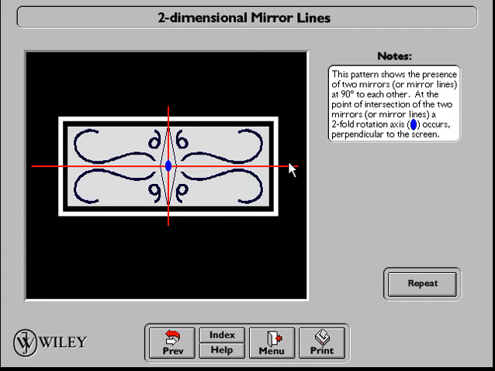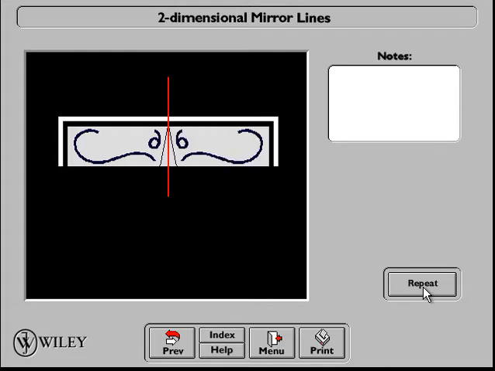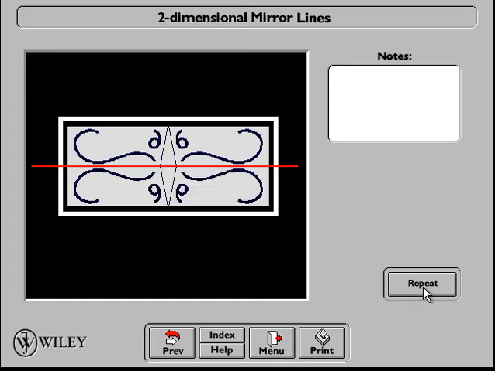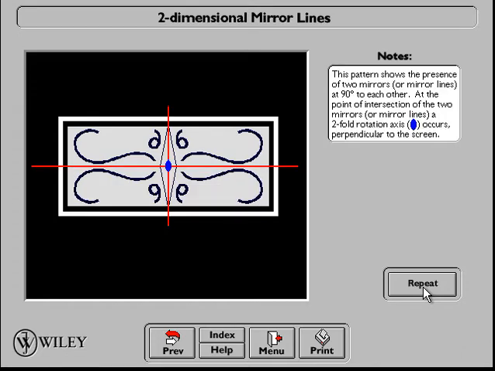At the point of intersection of the two mirrors, a two-fold rotation axis occurs perpendicular to the screen. We are pressing now the repeat button. We have here one mirror plane, and then another mirror plane, and then you have here the symmetry for the two-fold rotation axis in the middle together with the two mirror planes.